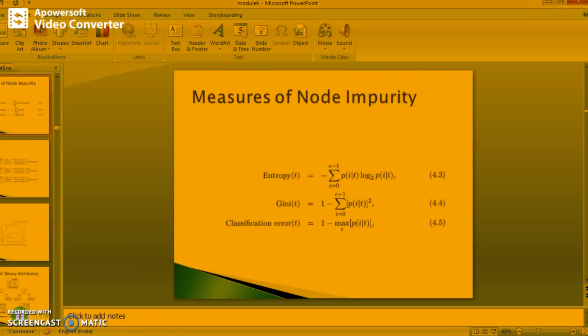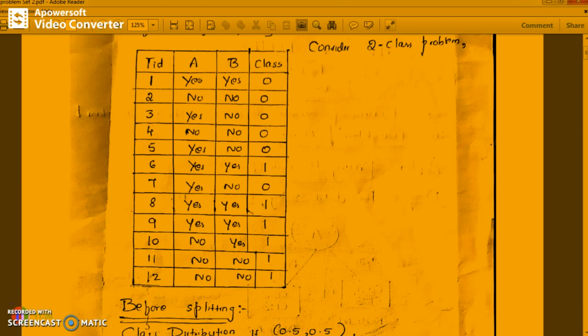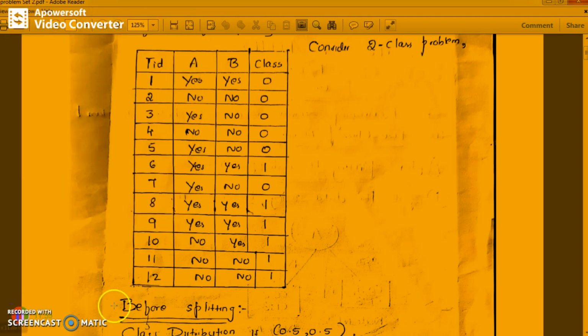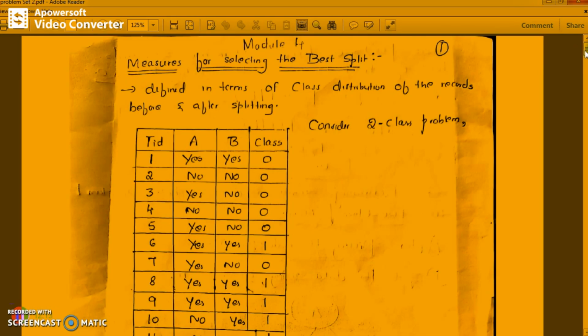Here I have already circulated this particular problem, to find out the best split, or to do the right classification. Or in other words, the question may be to calculate the degree of impurity. So all 3 measures we will use here to calculate the degree of impurity.